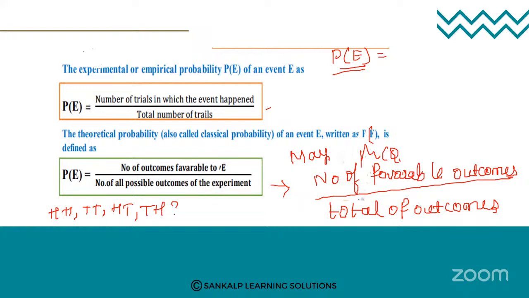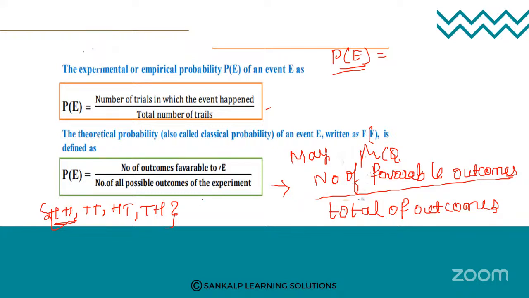If I ask the probability of getting two heads, what will you do? There is only one chance, only one probability. How many ways are there to get two heads? Only one. Do you see 2 heads anywhere else? No, only one chance that I should get 2 heads, right?